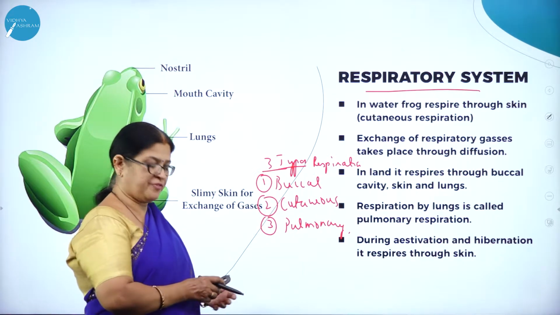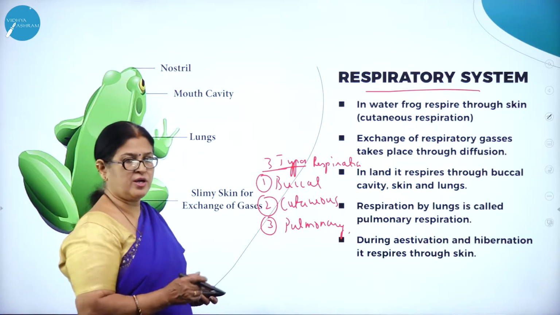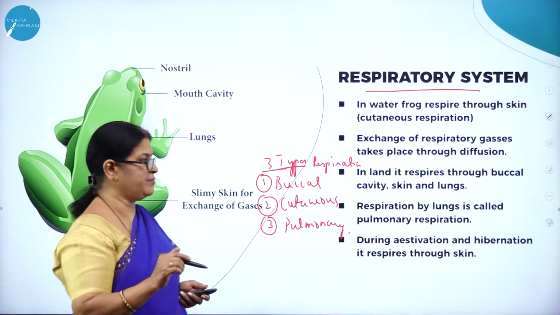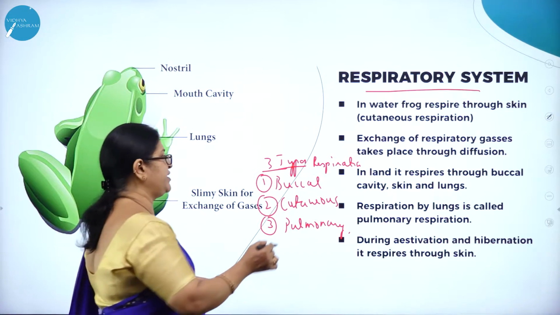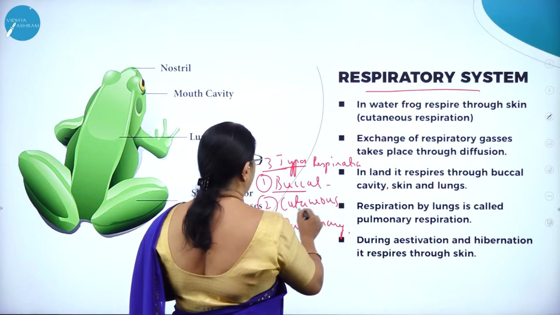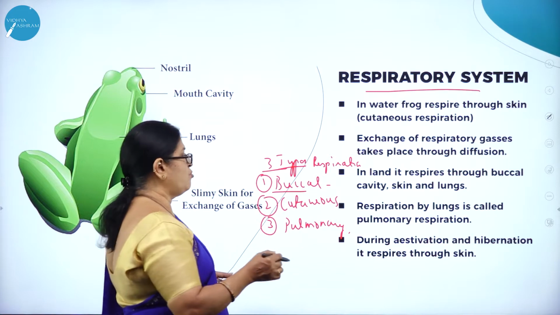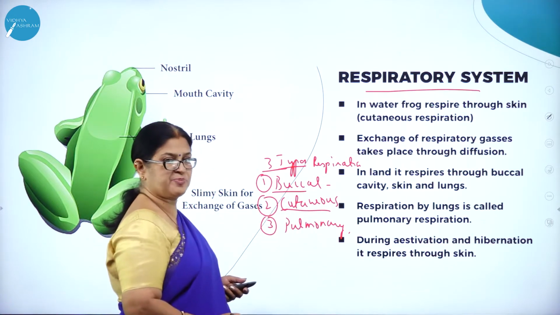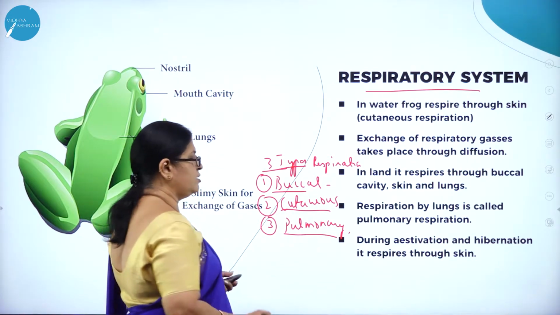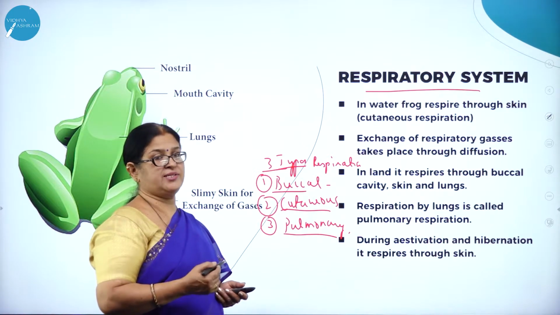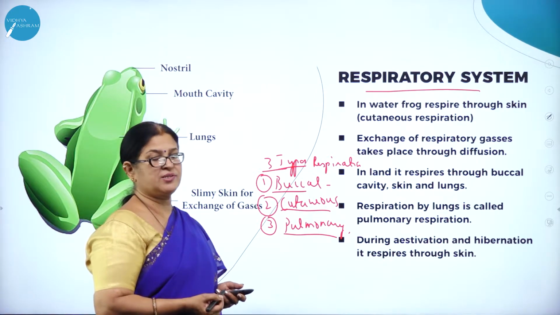So the process of respiration in frog takes place by three important methods: through the buccal cavity, called buccal respiration; through moist skin, called cutaneous respiration; and through lungs, called pulmonary respiration. As I said, it can live on land as well as in water.